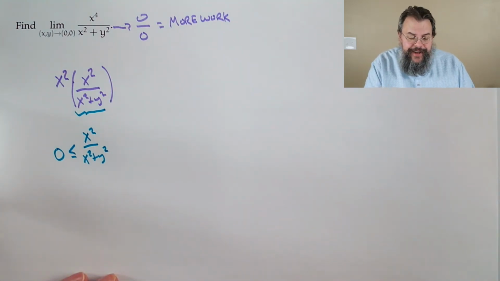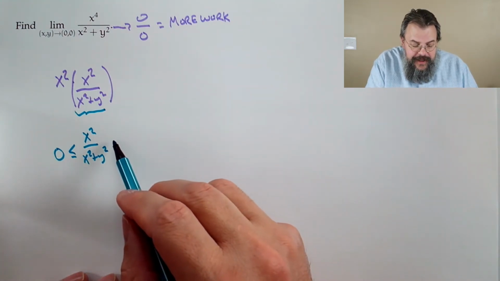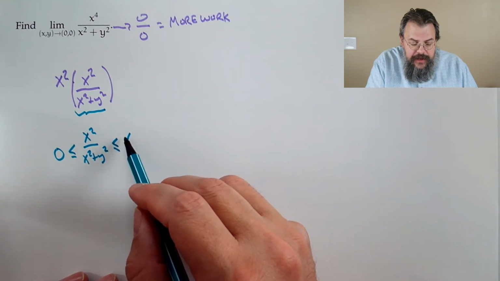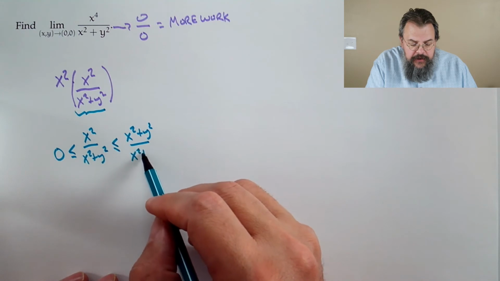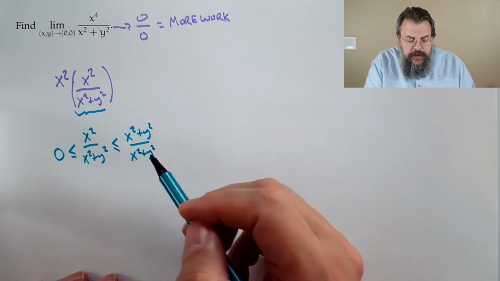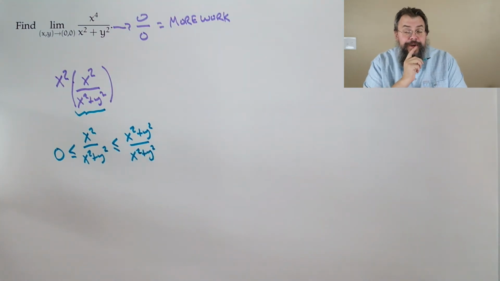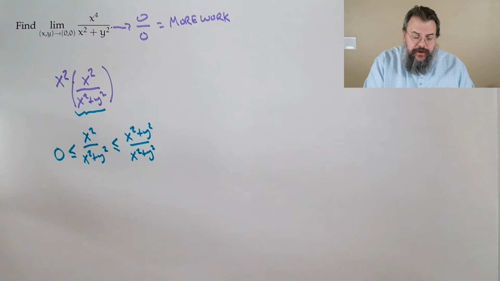On the other hand, now this is the fun part. This is less than or equal to x squared plus y squared over x squared plus y squared. Now, why is that true? Well, you added a little bit. You added something positive. And so, what does that mean?